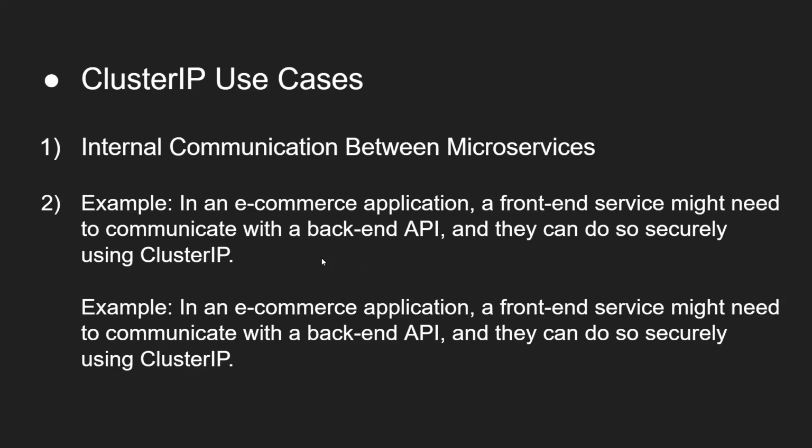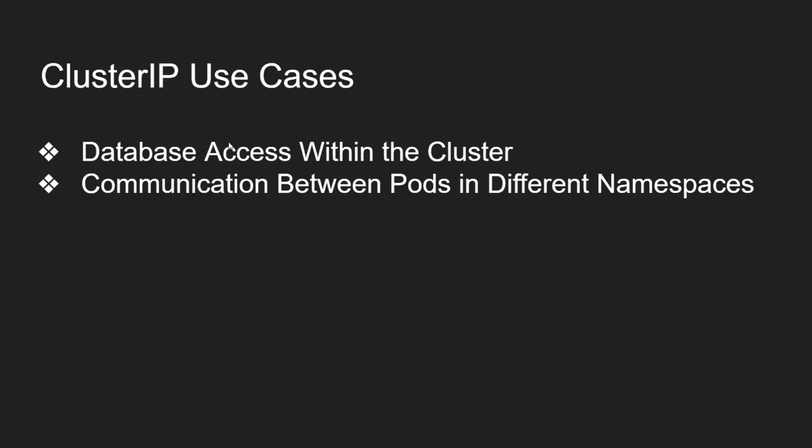This is one example. Another use case is that a database can be accessed this way. You can add the cluster IP between the microservices and the database, so the cluster IP acts as an intermediate. In that way it will also communicate with different pods in different namespaces.